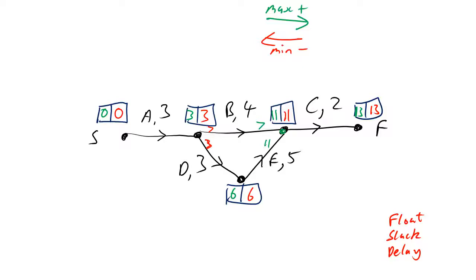And then I'm just going to use the highlighter pen. And obviously, this has to be on the critical path because it's the only route. And we have to include all the boxes where the numbers are the same.